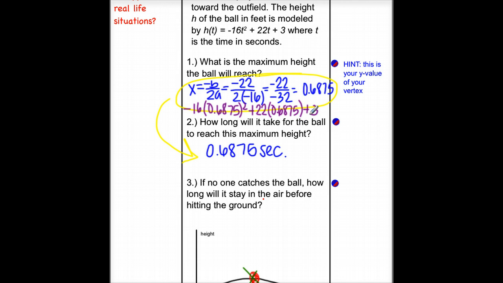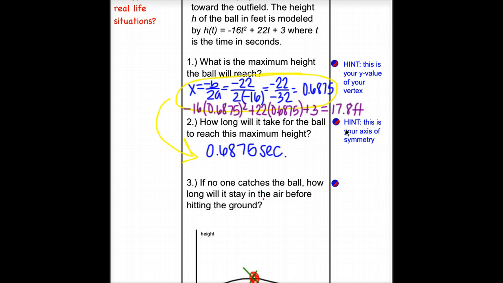And you get approximately 17.8 feet. So I'm going to put in here equals 17.8 feet. Going back now, just as a reminder, how long the ball will take is going to be the axis of symmetry, which is what we found.